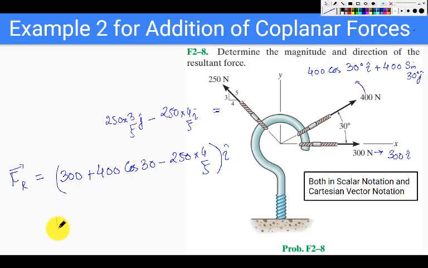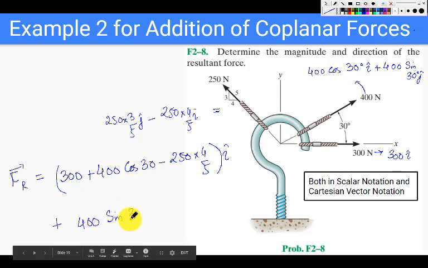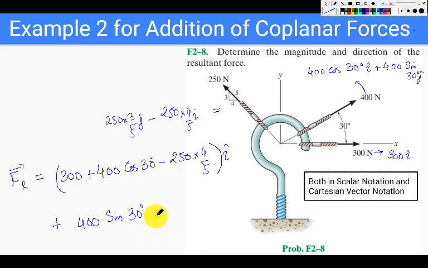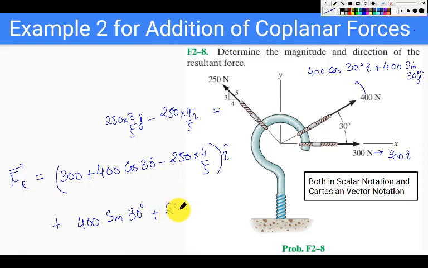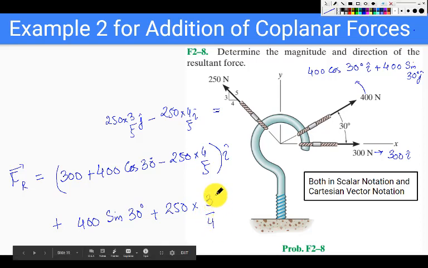Plus, for the j hat component, the 300 newton force does not have any j hat component, so I have 400 sine of 30 degrees plus 250 times 3 over 5, all of them the j hat component.